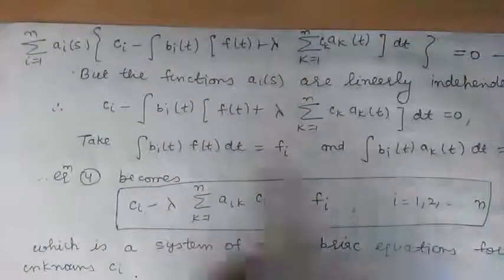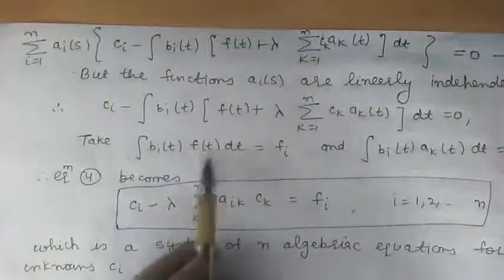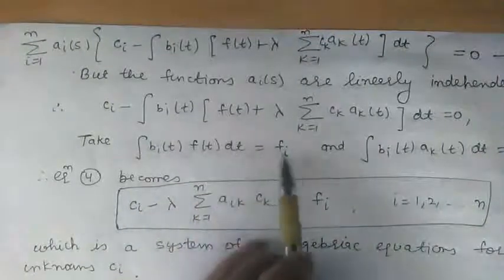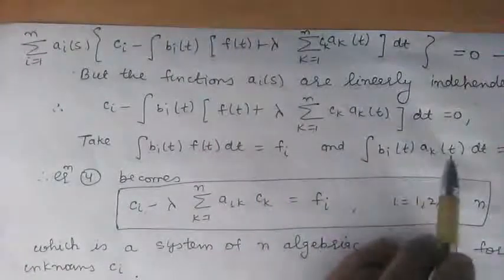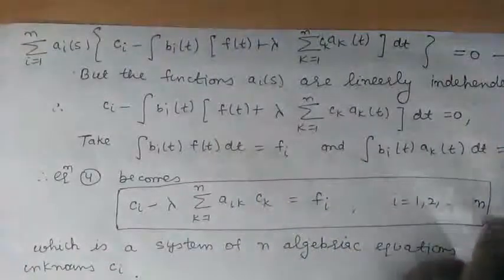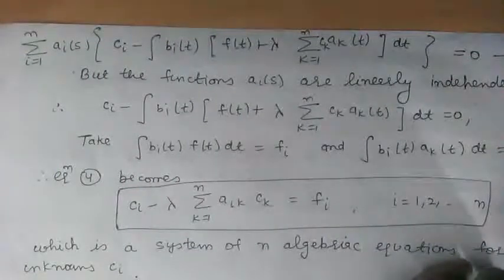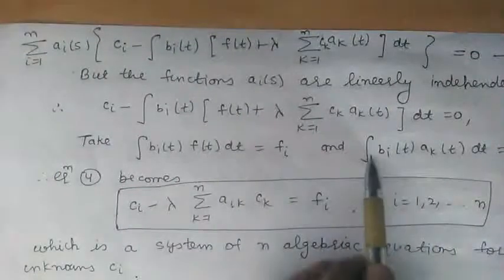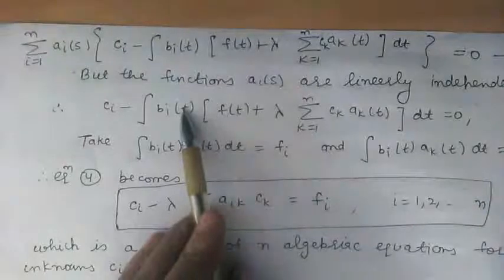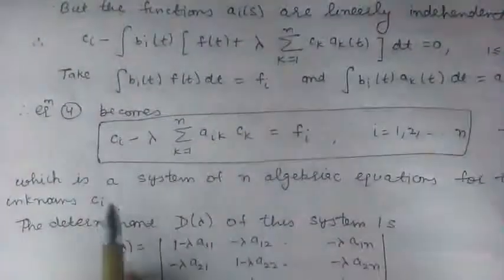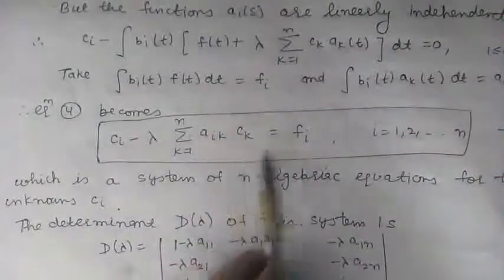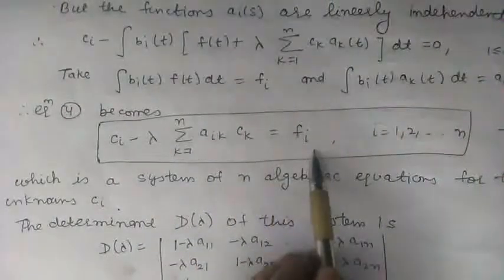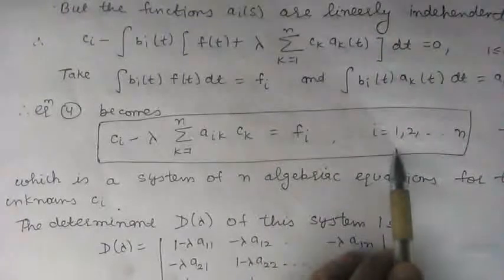Now let us denote the integral bi(t) f(t) dt by the notation fi, and the integral bi(t) ak(t) dt we denote by the symbol aik. Using these two symbols in this equation, we get ci minus lambda summation aik ck = fi. Here i varies from 1 to n.